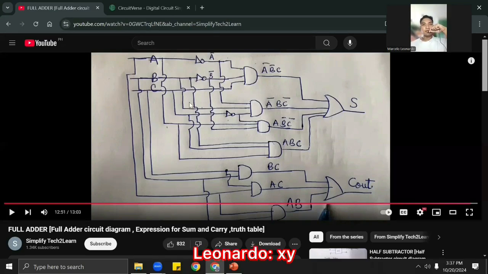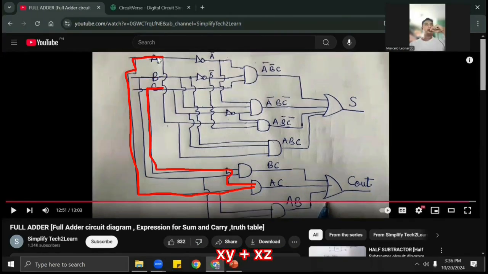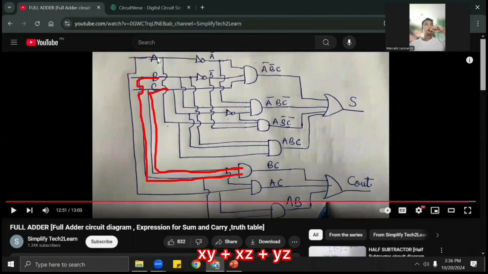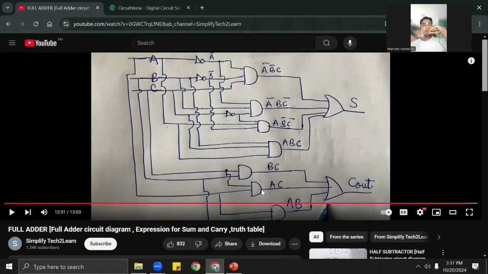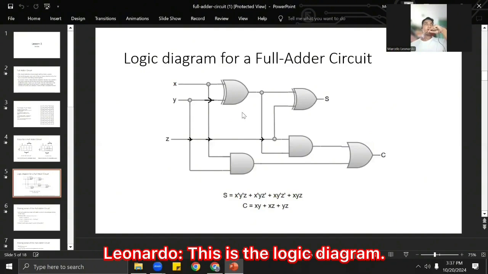X and Y, X is here, then Y. Then, wala siyang dire-diretso. Ayun. This is the logic diagram.